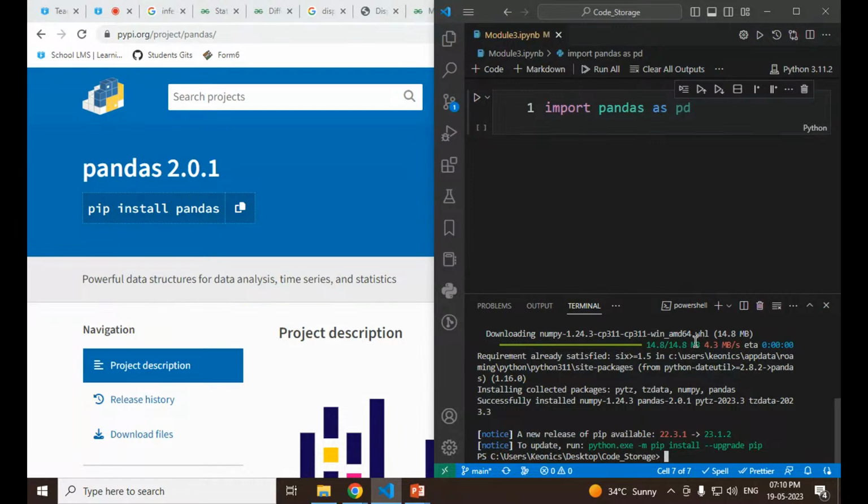What is wrong? Requirement already exists.